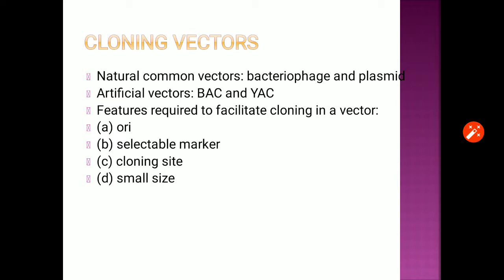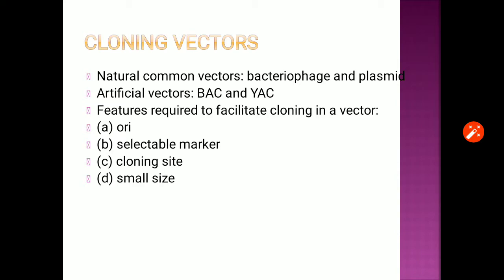Now we'll discuss some examples of vectors, which agents we can use for transferring the gene. The natural common vectors are the retroviruses, plasmids, bacteriophages, etc. While the artificial vectors, the most common examples are YAC and BAC.